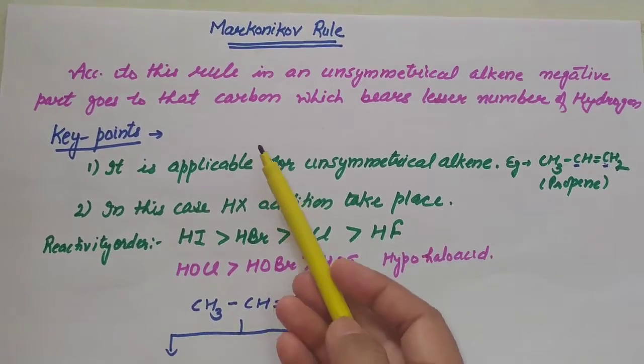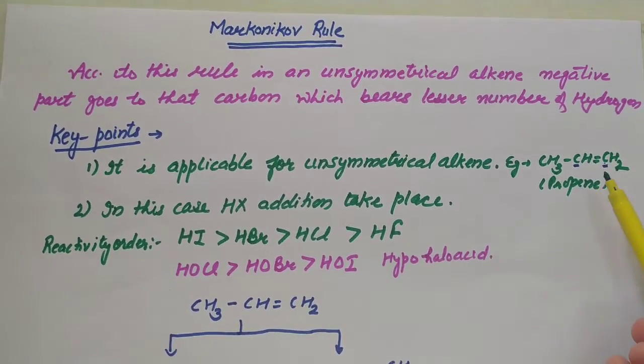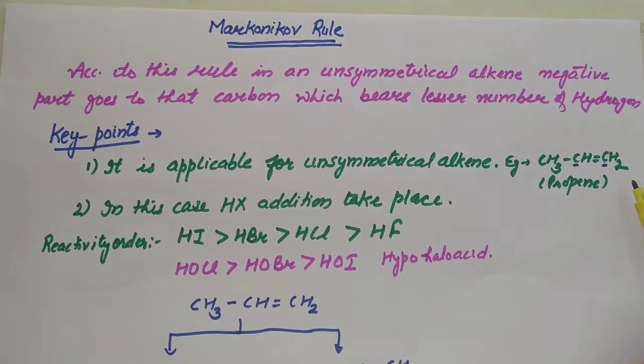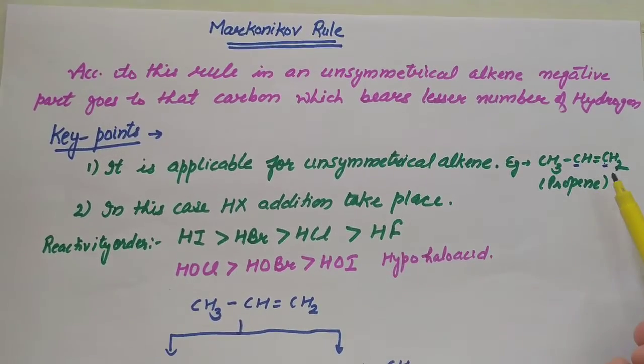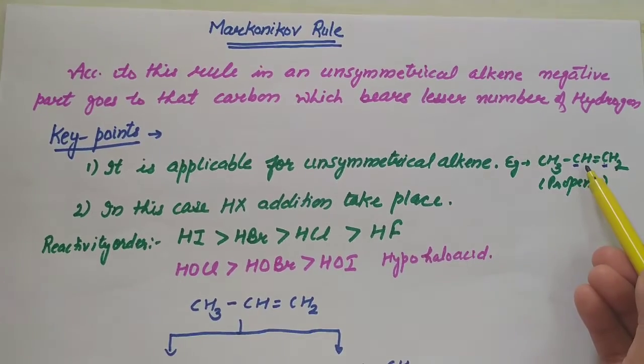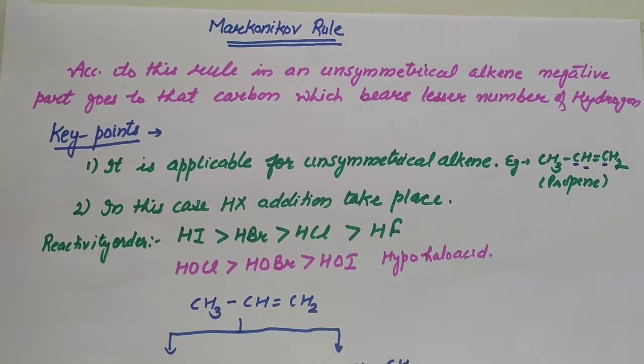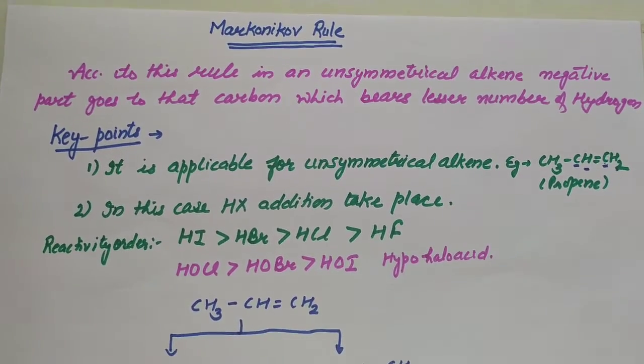In this case, when a hydrogen halide reacts, the negative part goes to that carbon which bears the lesser number of hydrogen. For example, here the lesser number of hydrogen is at carbon number 2. If I have taken HBr, then H plus and Br minus.